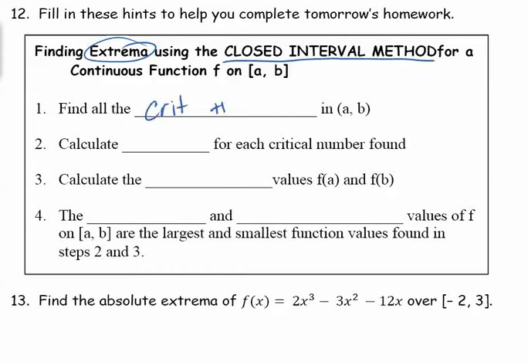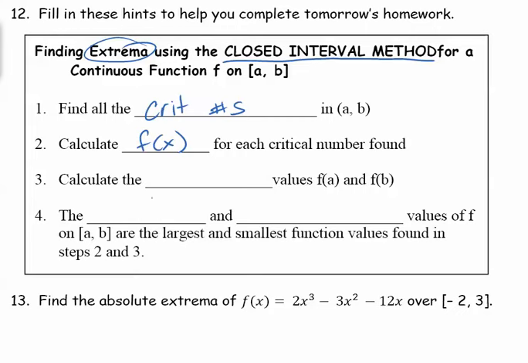So we have to find out where is the first derivative undefined, or where is the first derivative equal to 0. And then we're going to calculate the y coordinates. In other words, that's the f of x value for each of them. Find the y coordinate. And then we also want to calculate the y coordinate at endpoints.